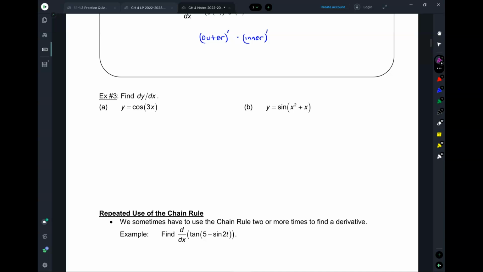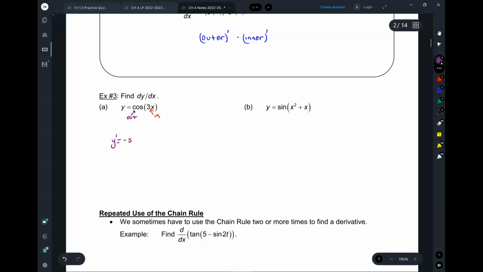So once you've established that you need to use the chain rule, the next thing you have to do is determine the outer and the inner functions. So here, cosine is the outer function and 3x is the inner function. So when I do y prime, I start with the outer function, which is cosine.